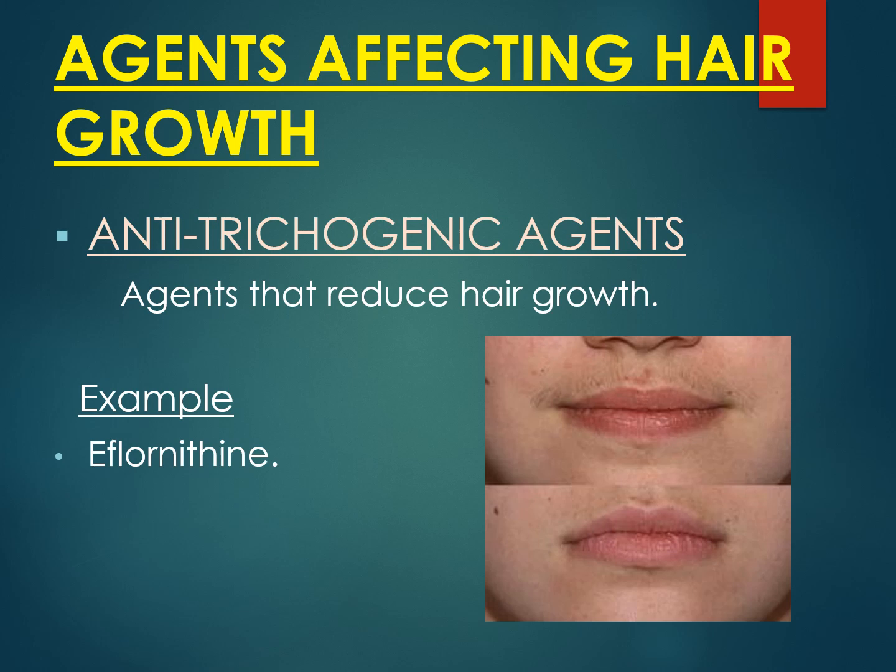That was minoxidil, which causes hypertrichosis, and this is also used as one of the agents for male pattern baldness. Okay, it's a very important MCQ and clinical use as well. But over here, the reverse is happening, the agents that reduce the hair growth.